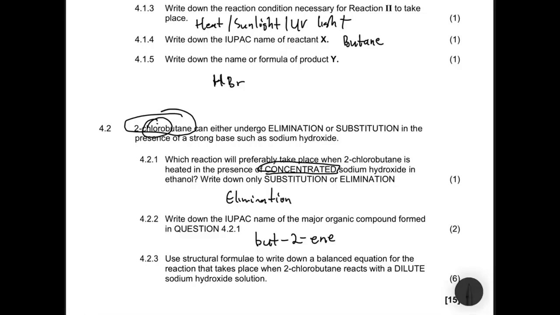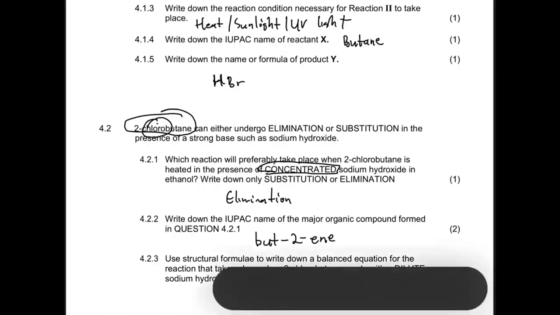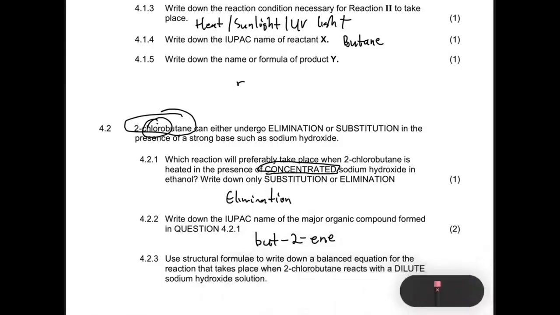Now we're using a dilute base, right? And I've said that if we use a dilute base, we go under substitution, and if you use a concentrated base, we go under elimination. So let's write a structural formula for the substitution reaction that would take place. I will start by writing the structural formula of 2-chlorobutane, right?